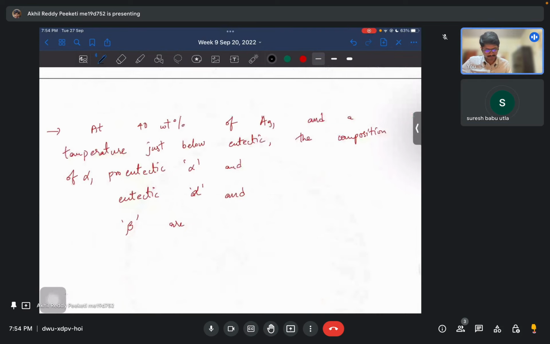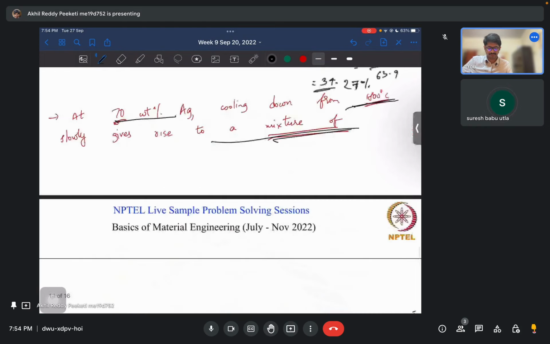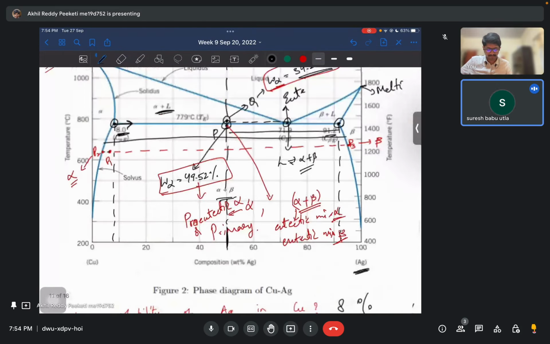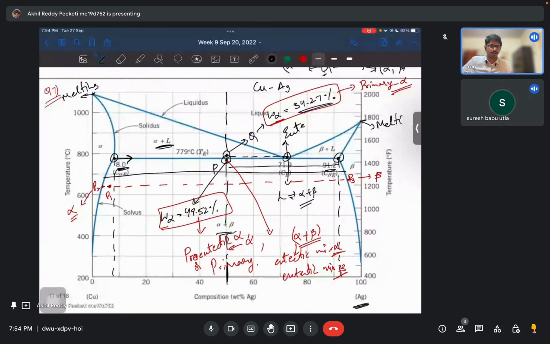So next question, the composition of alpha, proeutectic alpha, eutectic alpha and beta. Previously, whatever we have already discussed. So the question is, at point P, how much would be primary alpha and how much would be actual alpha in the eutectic mix? Can you tell me the answer?